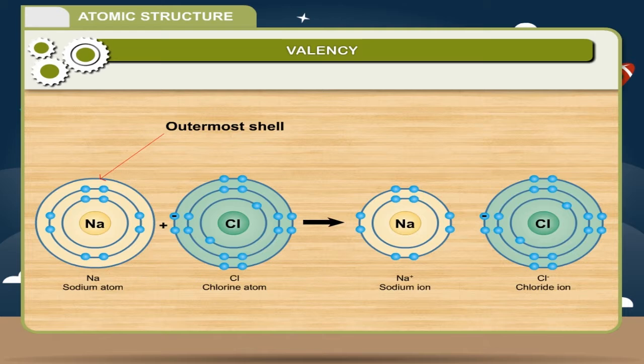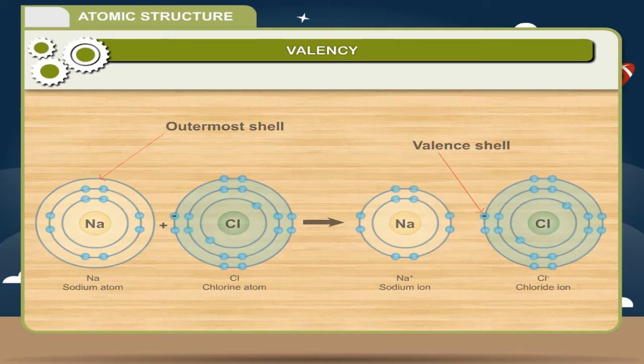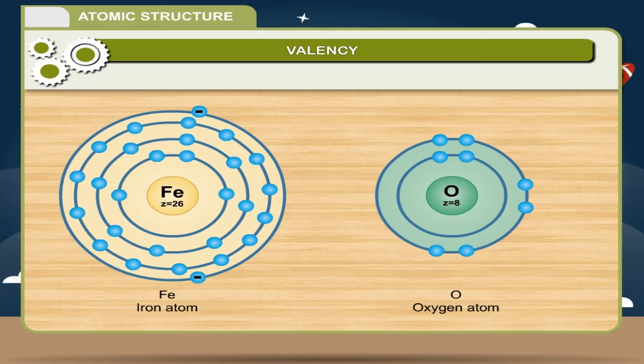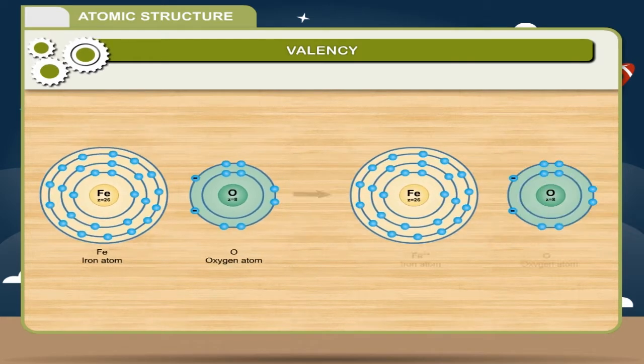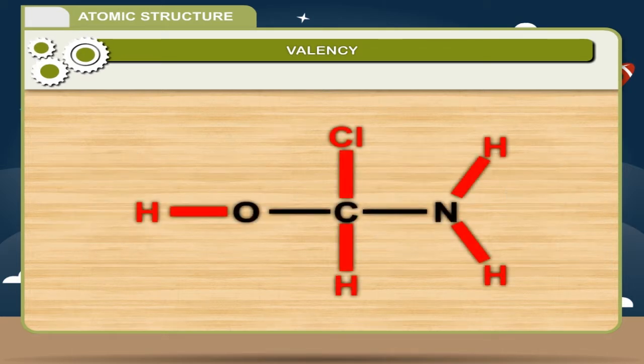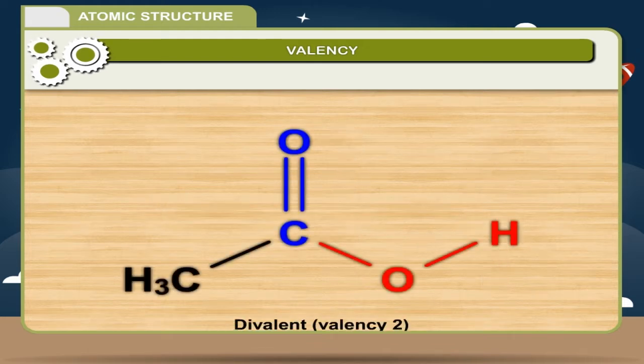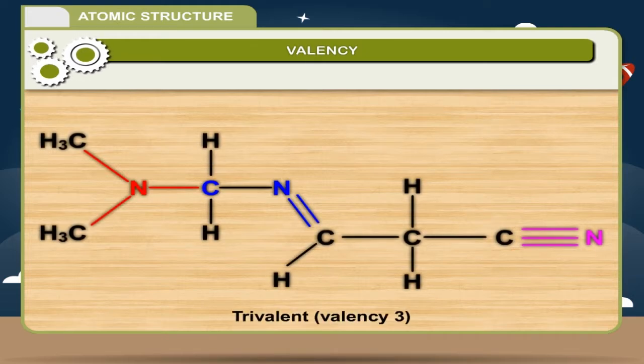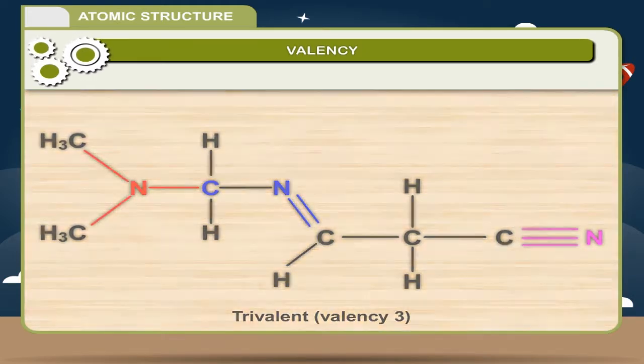The outermost shell is called the valence shell, and the number of electrons that an atom needs to accept, donate, or share is called the valency of that element. The valency of an atom is always a whole number. Depending upon its valency, an element is called monovalent, valency 1, divalent, valency 2, trivalent, valency 3, and so on.